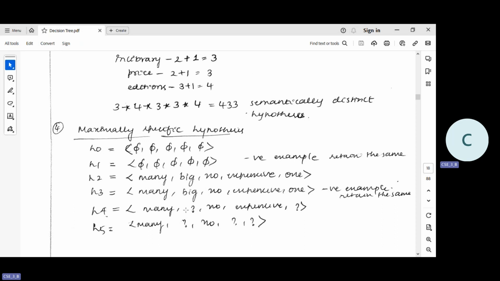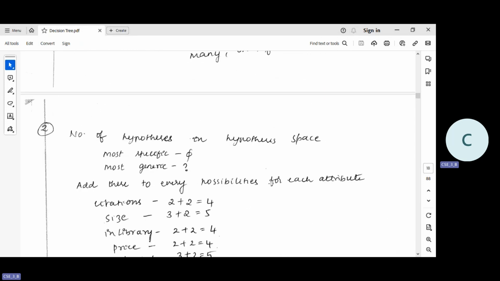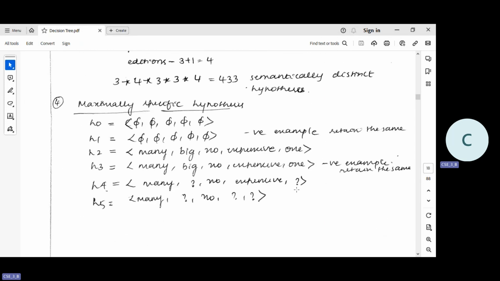So now we are replacing this by the question mark so that it can represent both the attribute values, that is big and medium. And then no we have retained, expensive we have retained, and for the last attribute value here we have many, and in the hypothesis we wrote one. So now this is replaced by the question mark.